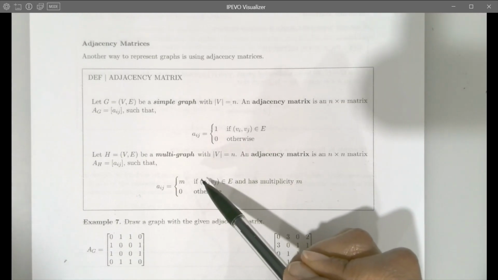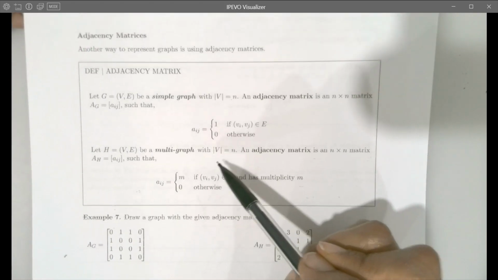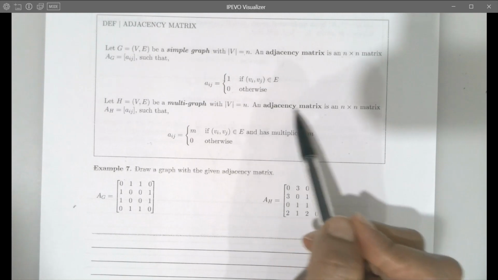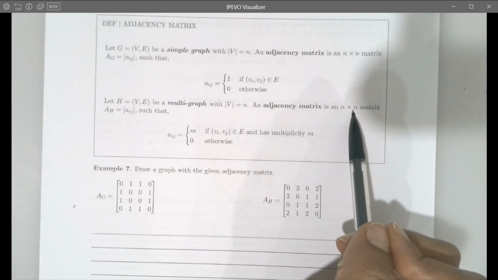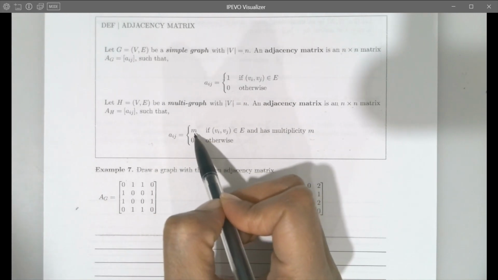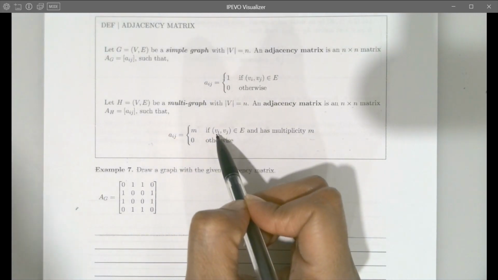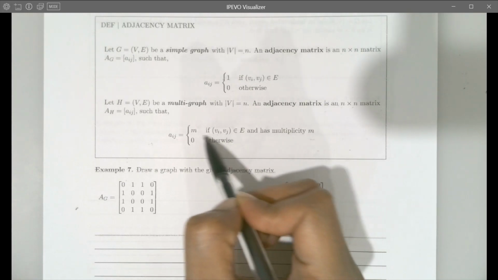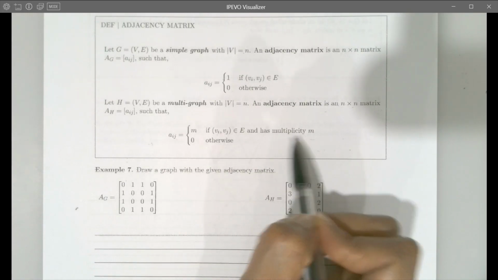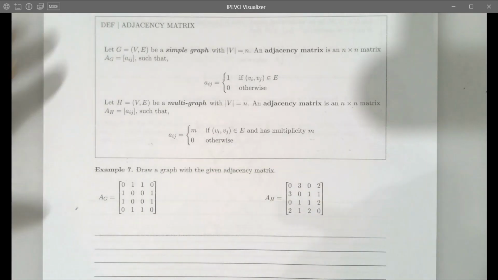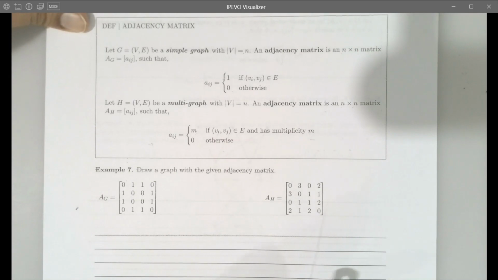Now if you have a multigraph instead of a simple graph, then the adjacency matrix is still going to be n by n, where the ijth entry will be m if vi, vj is an edge with multiplicity m, and 0 otherwise.